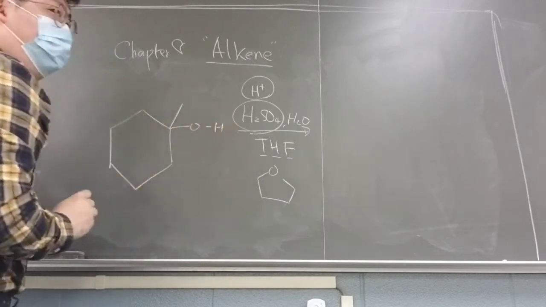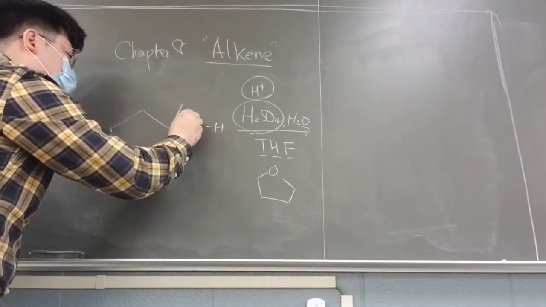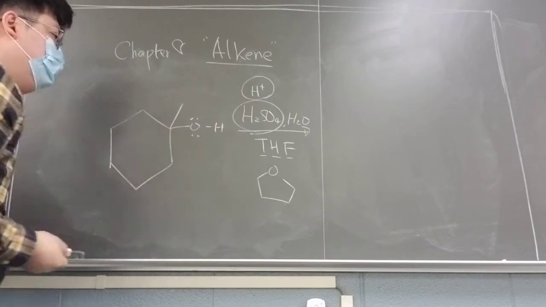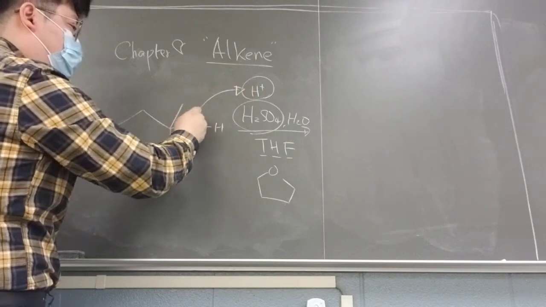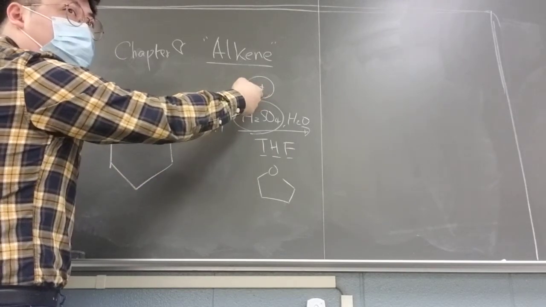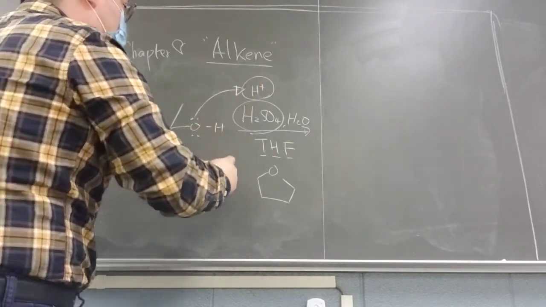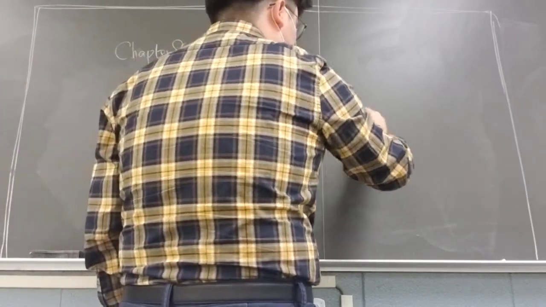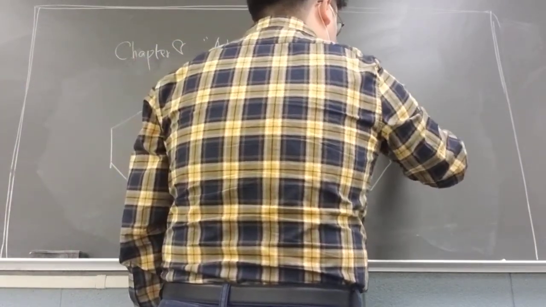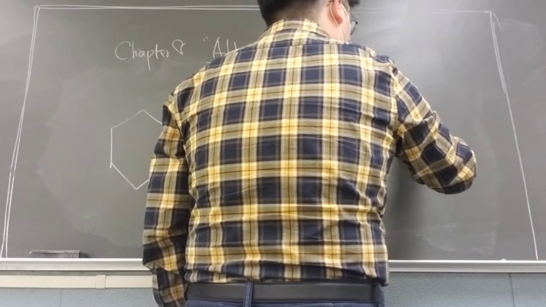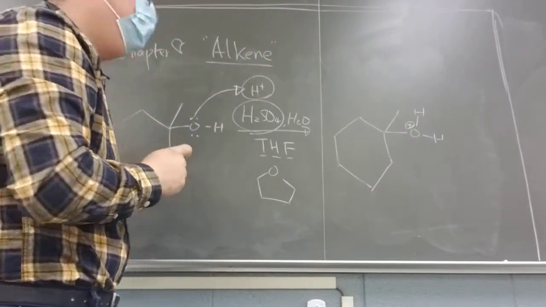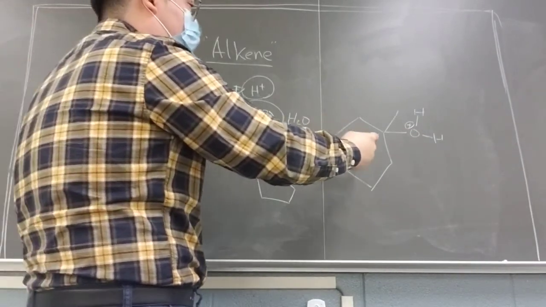So this is actually what it looks like, right? If you have 2 lone pairs over here, they grab this one because the lone pair will take something that is positive. So what happens to this one is the positive charge goes on here.